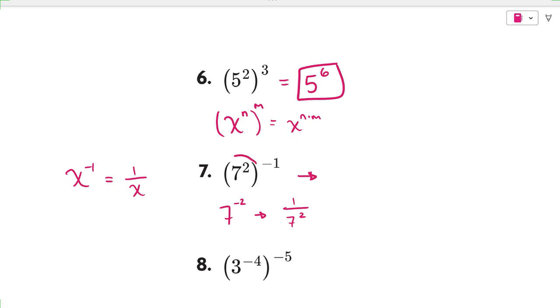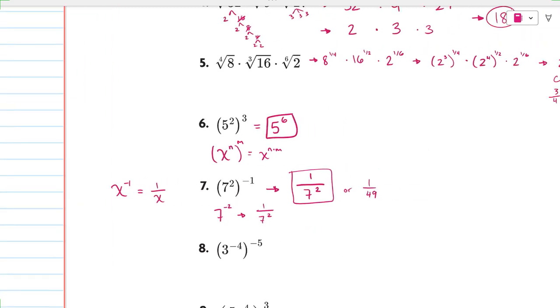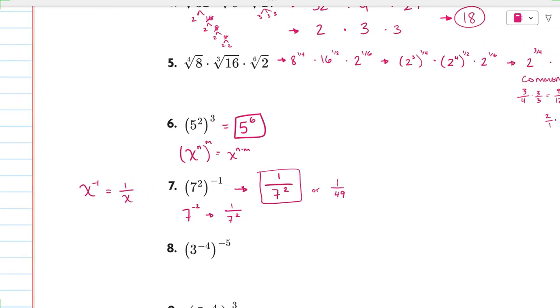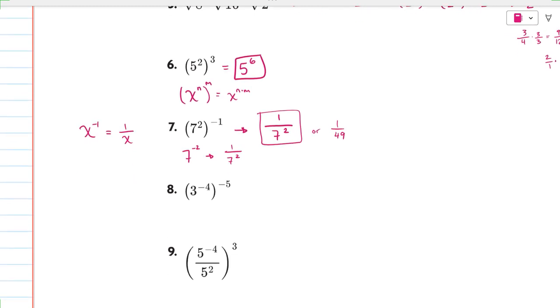Or I could think of this whole thing as one unit, and the negative 1 turns it into the bottom of the fraction. We end up with the same term either way. Again, 49 we can probably do in our head, but it says leave in exponential form, so I'll leave it as 1 over 7 squared as my final answer.